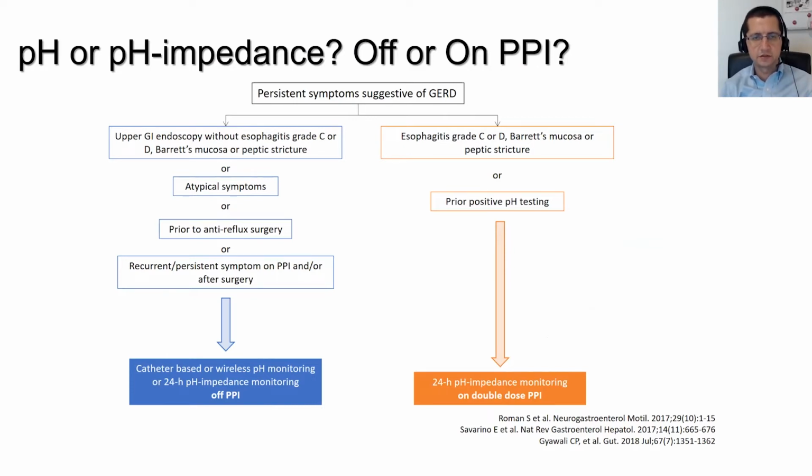In the Lyon consensus, and also before in another consensus paper that was published in Neurogastroenterology and Motility in 2017, we concluded that patients who have evidence of gastroesophageal reflux disease at endoscopy or prior pH testing should be tested on PPI therapy, whereas patients who had a lack of evidence of gastroesophageal reflux disease at endoscopy, or who have atypical symptoms, or underwent anti-reflux surgery, or have recurrent or persistent symptoms on PPI therapy should be tested off PPI therapy.